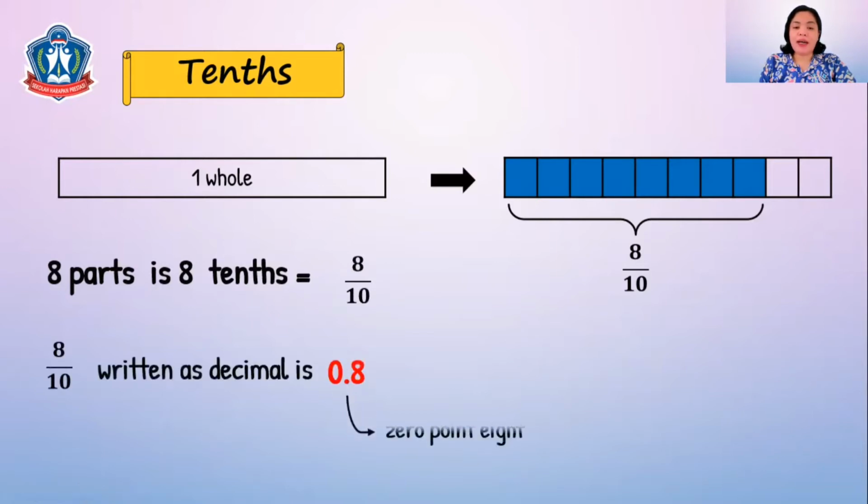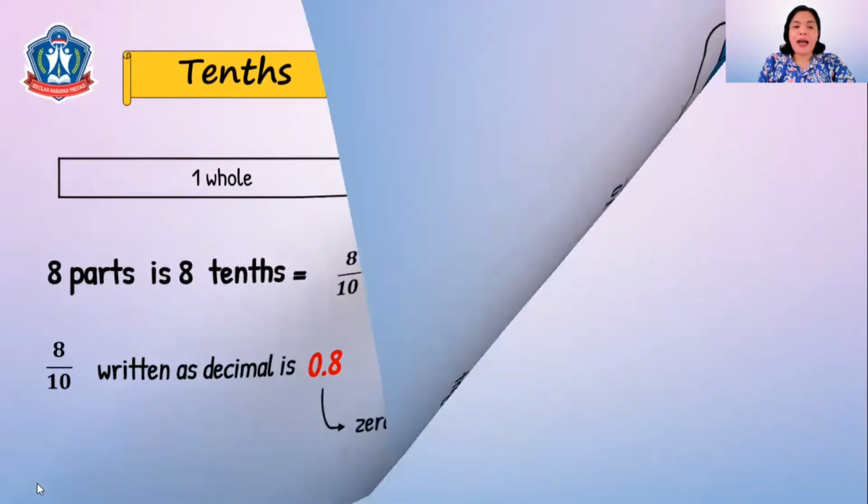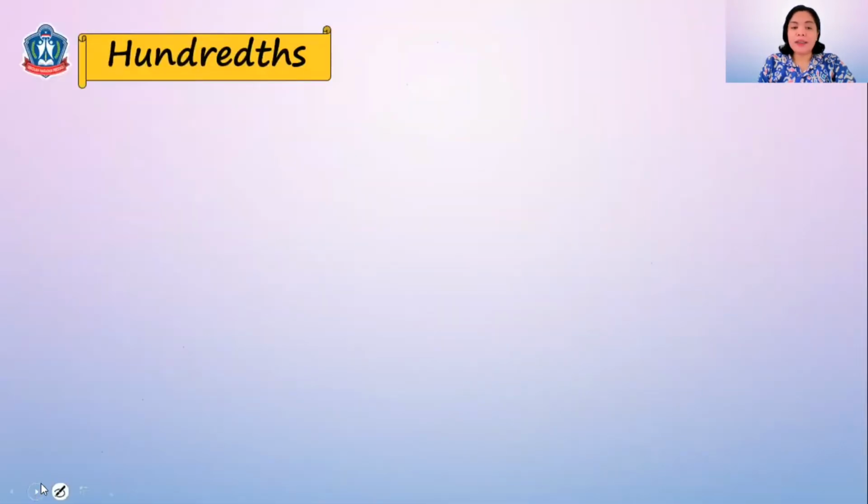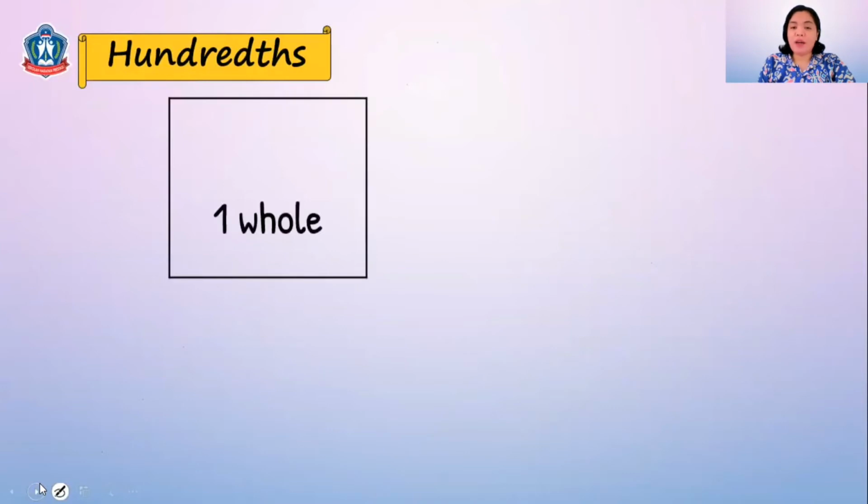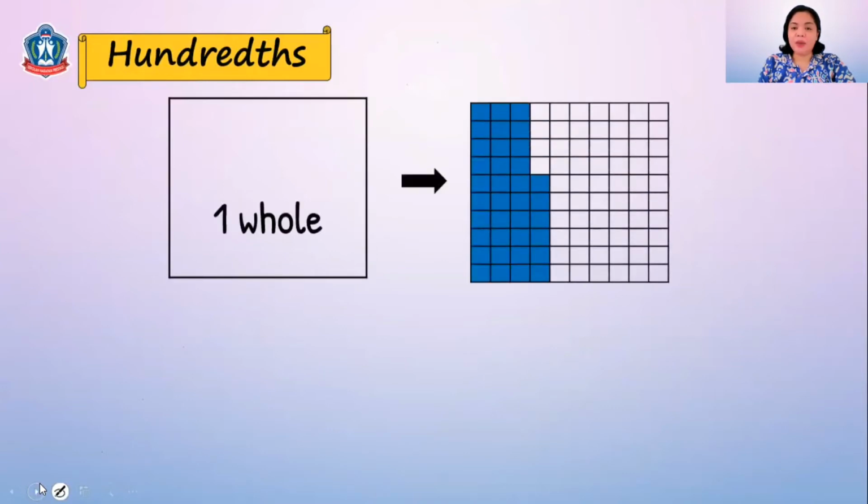So this is how to write decimal. So when we say 0.8, it means we have only one decimal place from the decimal point if we have only tenths. How about if we have hundredths? Hundredths means one whole is divided into 100 equal parts. Take a look. How many parts are shaded with blue? Yes, there are 36 parts.